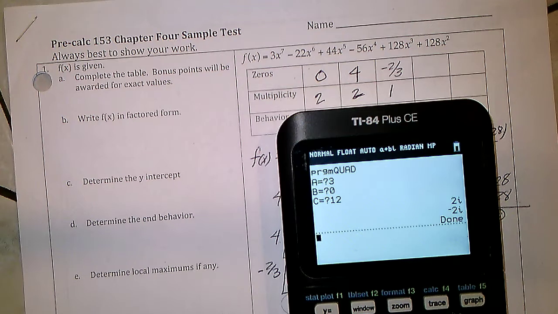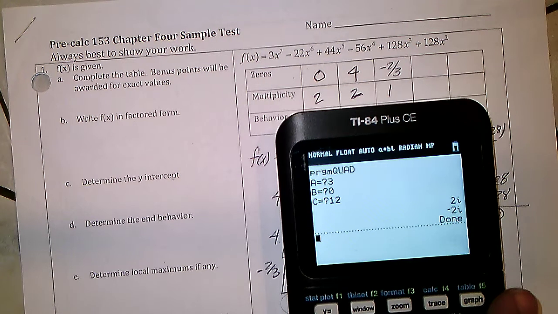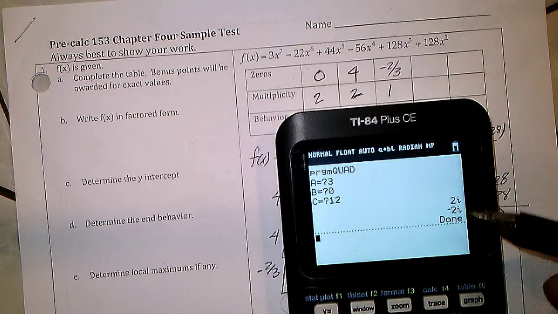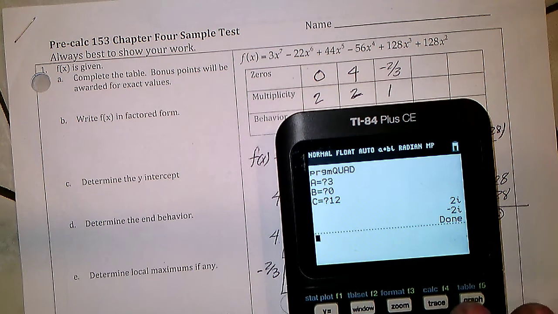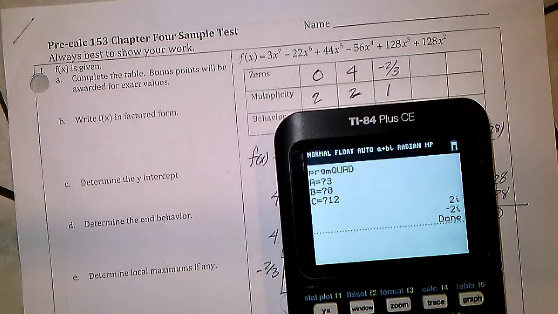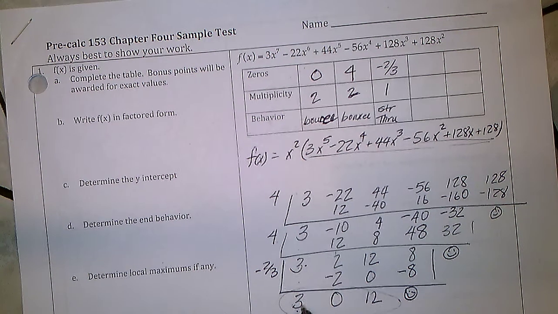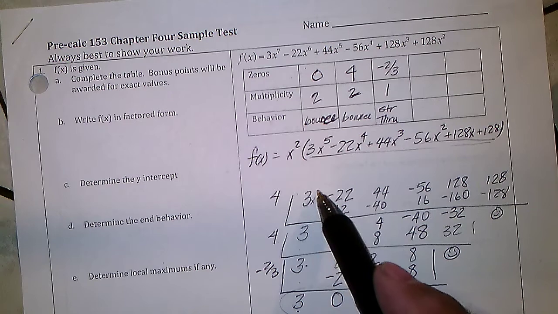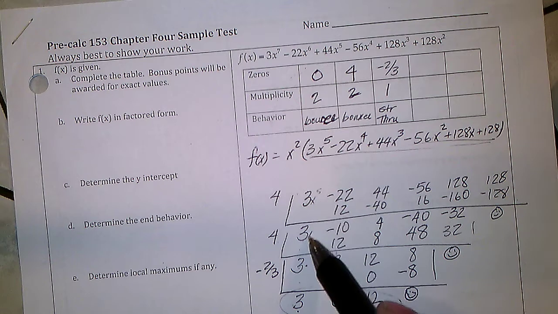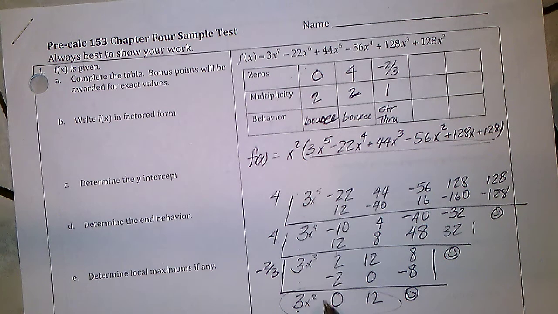And since I have it in A plus BI form, giving me complex, it tells me the other two zeros are 2i and -2i. But I don't have to use a calculator to get that. This was x to the 5th, so this is x to the 4th, x to the 3rd. This is x squared plus 0x plus 12.